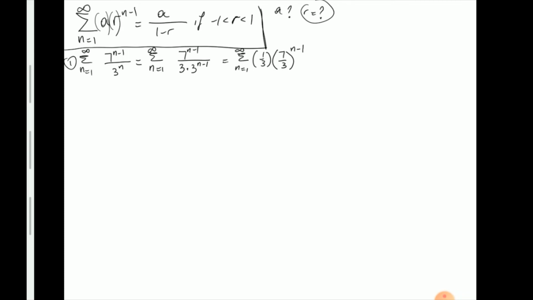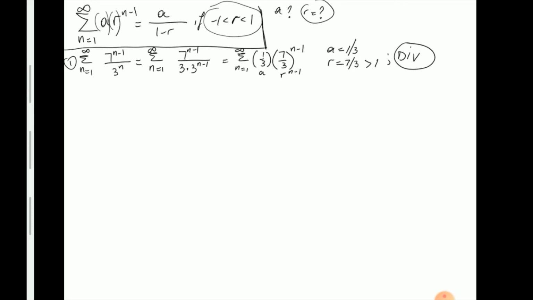So go slow in this process to understand what we're doing here. The idea is to rewrite it in such a way that we can identify what a and r are equal to. So obviously in this case a is 1 over 3, r is 7 over 3. Because r is greater than 1, that's outside the range minus 1 and 1, hence this series is divergent.